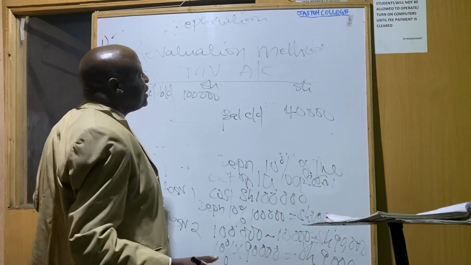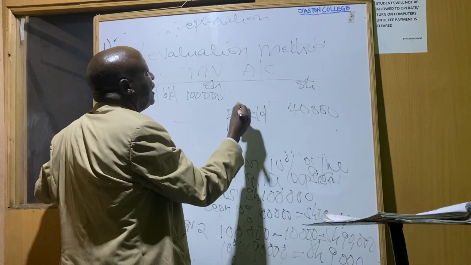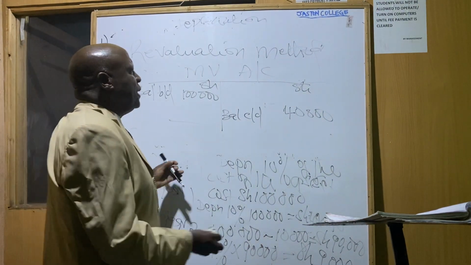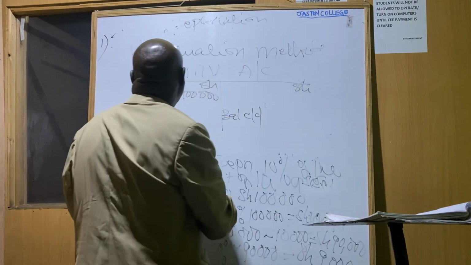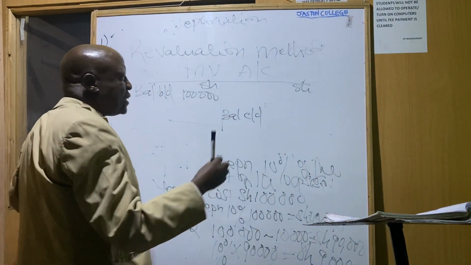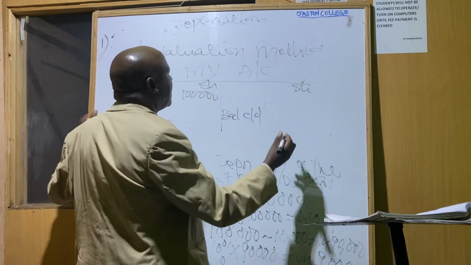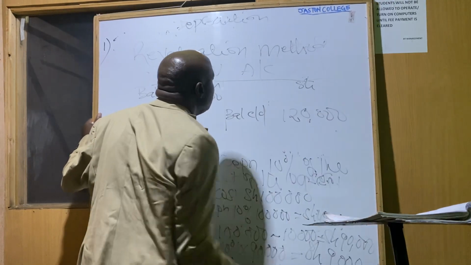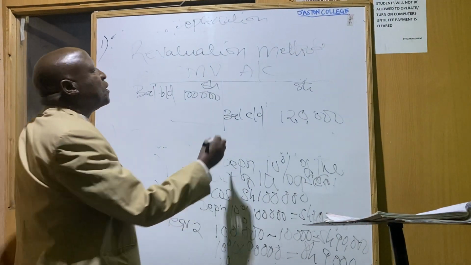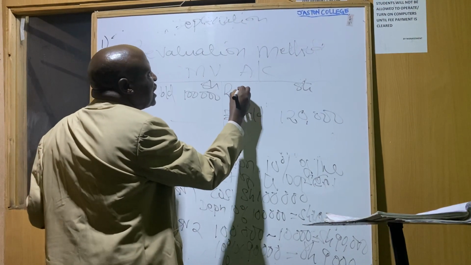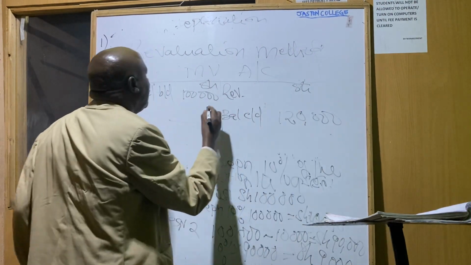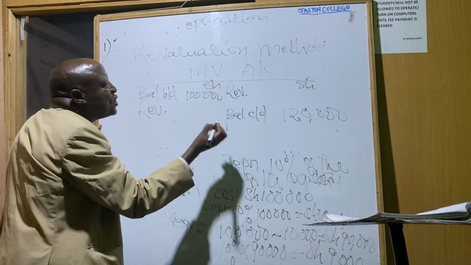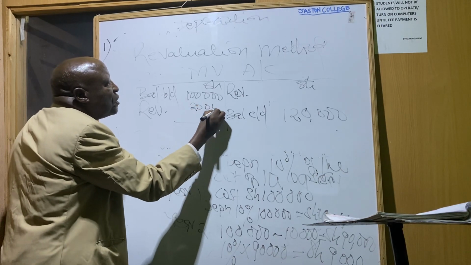Or maybe it was 100,000 initially, but now, according to the current market, it's 120,000. So the revaluation here will be 20,000. It has been revalued, it has appreciated by 20,000.